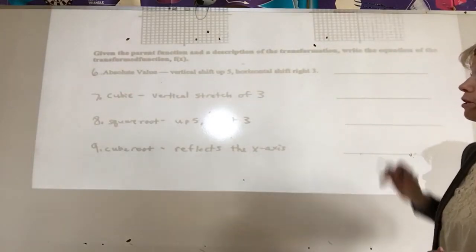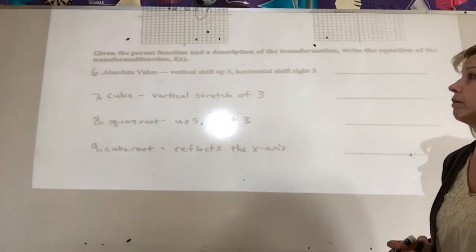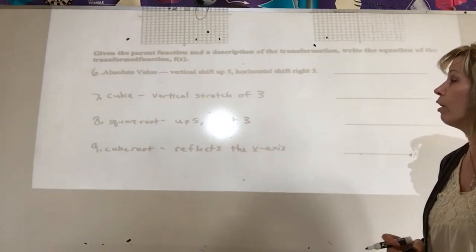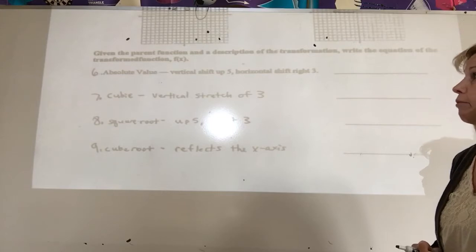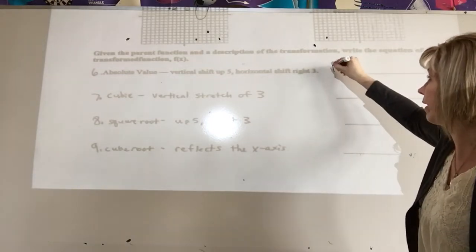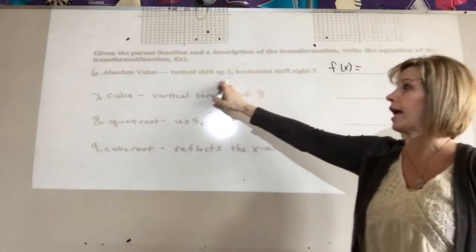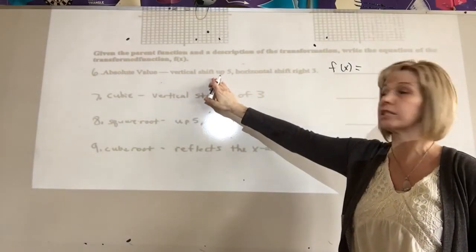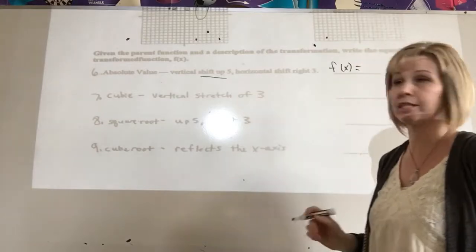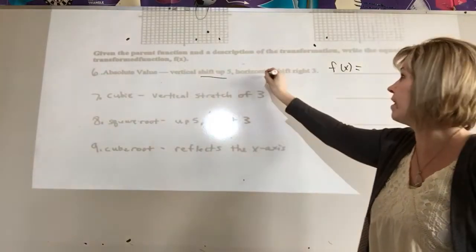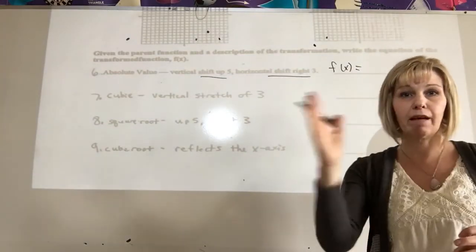So if you read the first one, it says absolute value, vertical shift up 5, horizontal shift right 3. So let's write our function, f of x equals, is there a stretch? So this means it's shifting up. So that's your k, the up or down, and this is shifting right. That's the h, left or right.